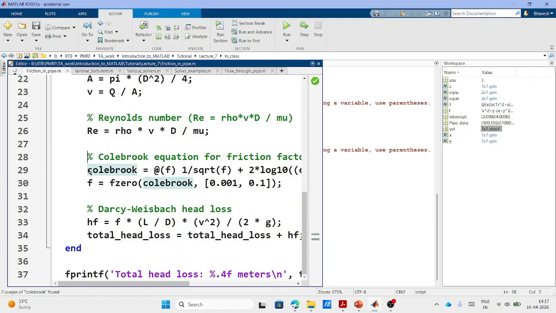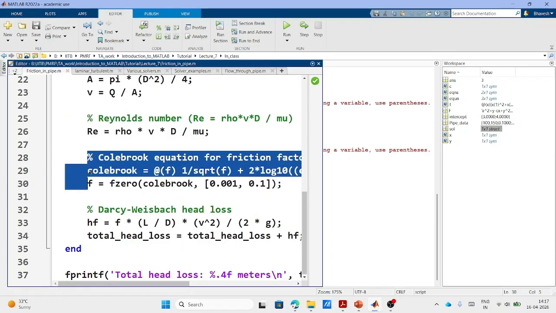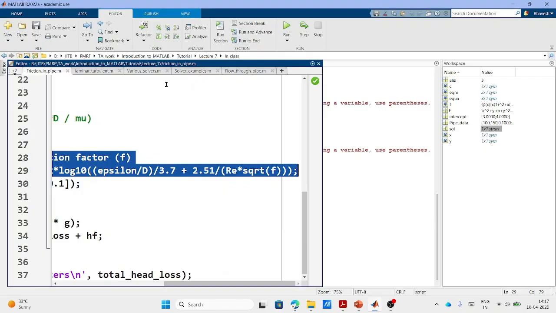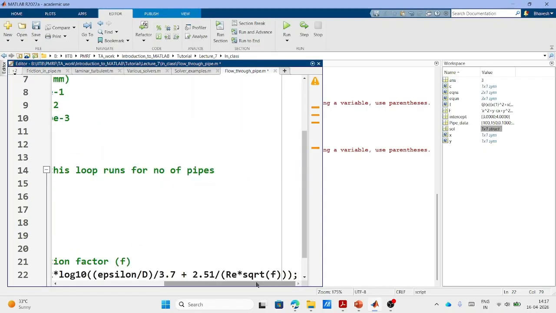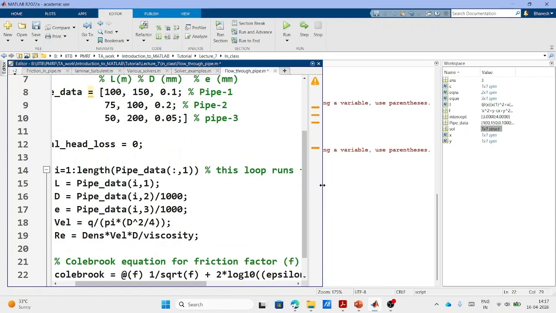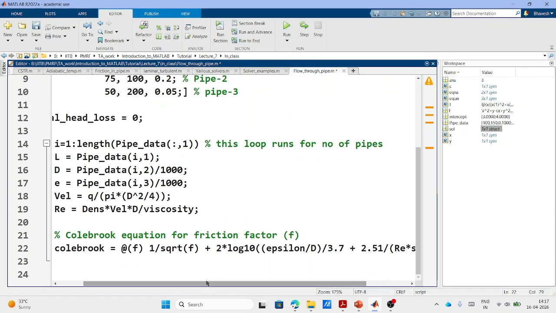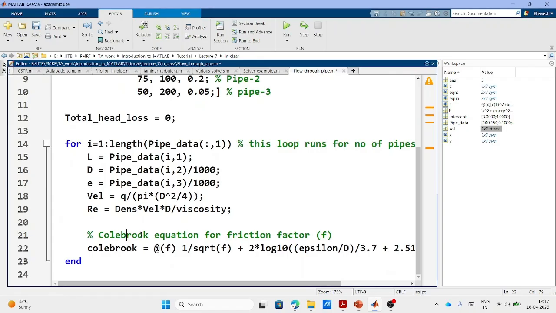Yeah, this is your Colebrook equation. Let me make it bigger. So I'm defining the Colebrook equation for the friction factor, where the function is written as colebrook, and the variable is my Fanning friction factor f, right?